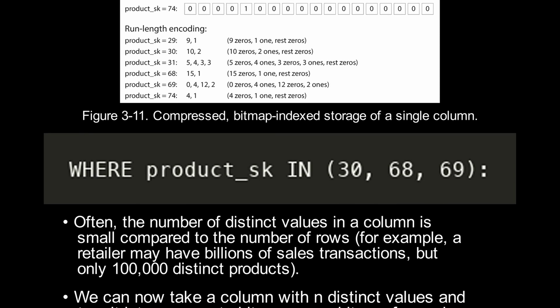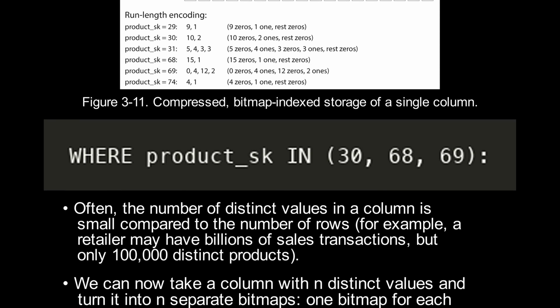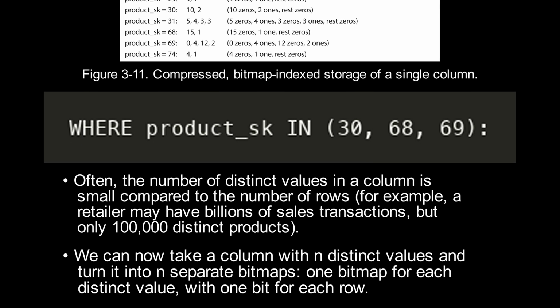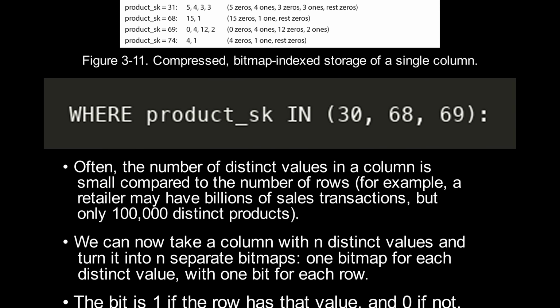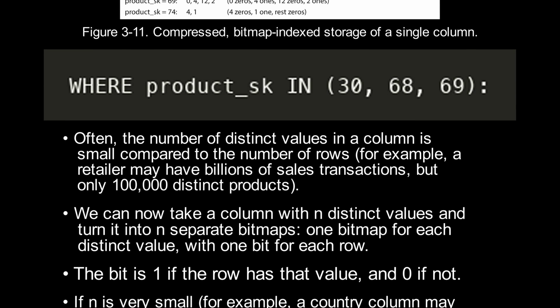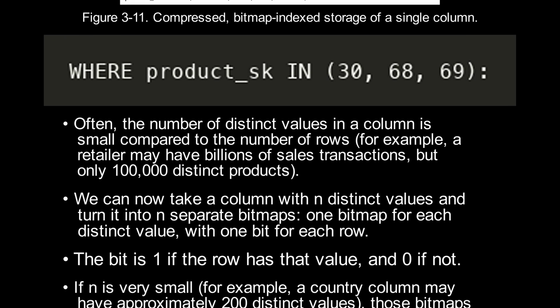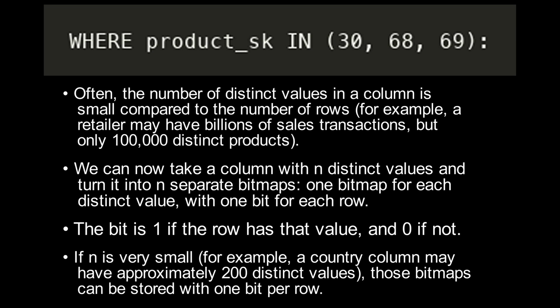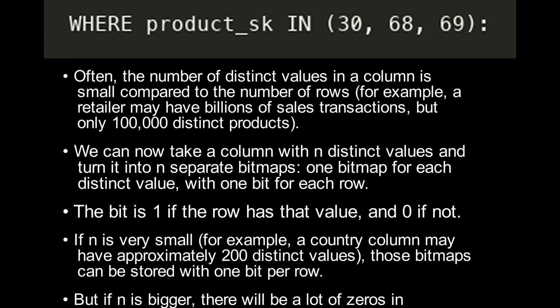Often, the number of distinct values in a column is small compared to the number of rows. For example, a retailer may have billions of sales transactions, but only 100,000 distinct products. We can now take a column with n distinct values and turn it into n separate bitmaps: one bitmap for each distinct value, with 1 bit for each row. The bit is 1 if the row has that value, and 0 if not.